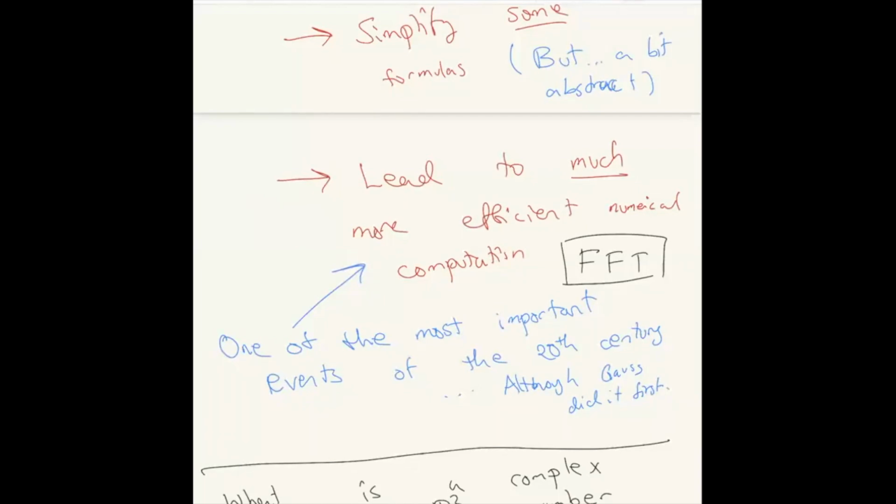And that's one of the most important algorithms in any sort of data analysis nowadays. So it can be fairly said that that's one of the most important discoveries or rediscoveries of the 20th century. In fact, in computer science, it's usually included in the list of most important algorithms of the 20th century. I think one of the 7 most important algorithms of the 20th century.